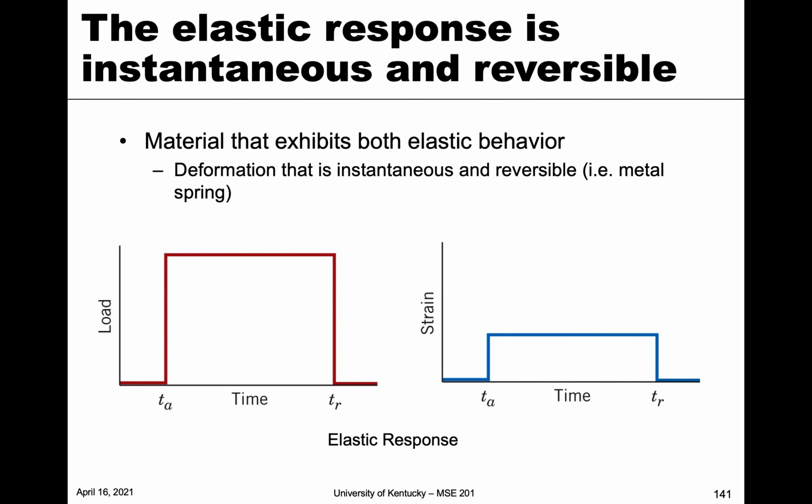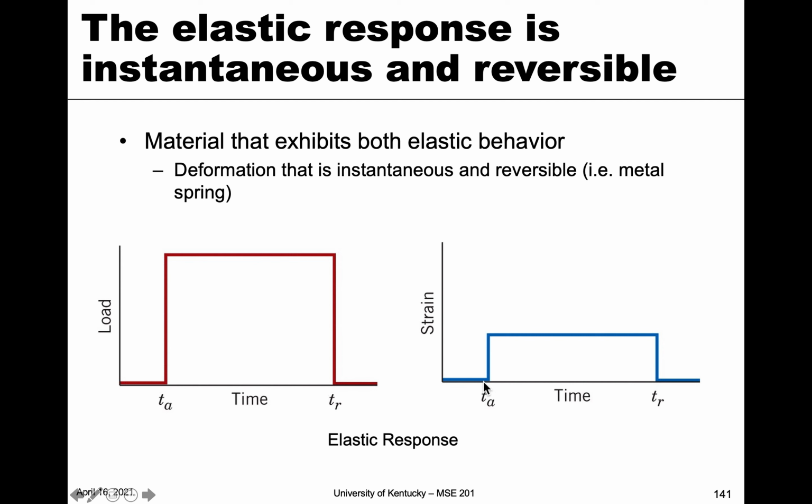All right, so how we visualize this is by looking at the two types of responses. An elastic response we think of as instantaneous and reversible, right? So here's basically time versus load. What this is saying is at time TA, we apply a load, so it goes from 0 to this load up here, and we hold that load until another time we reverse it, and that's TR, and we unload the material and it goes back to 0 load.